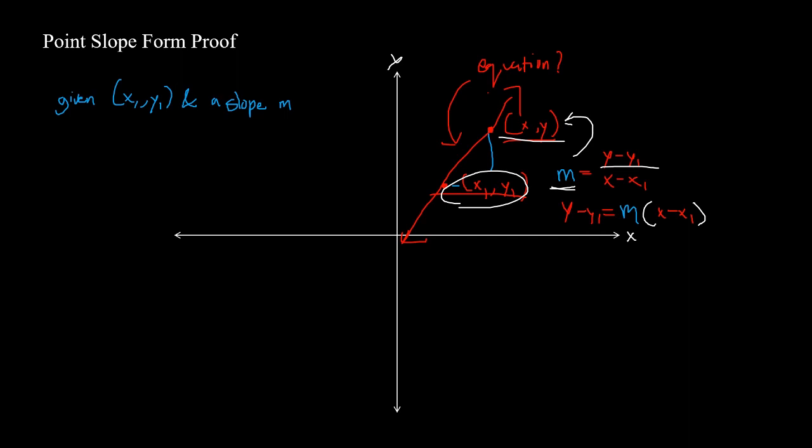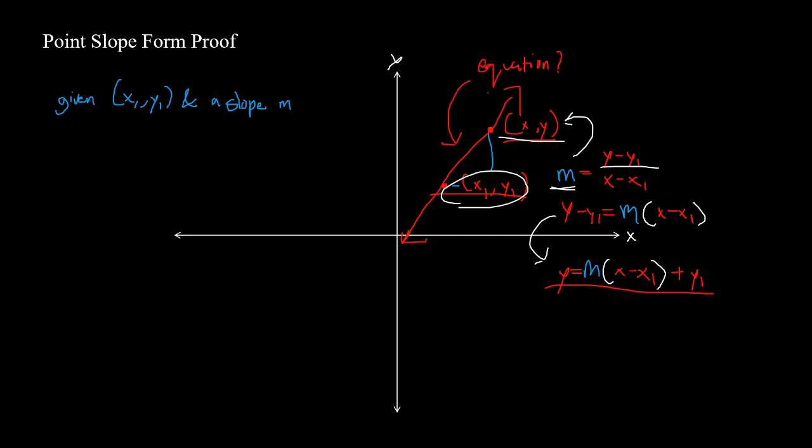And we can just further rearrange this to get y equals m times x minus x1, plus y1. This will be more of a y equals mx plus b type of equation, although it's not fully simplified.